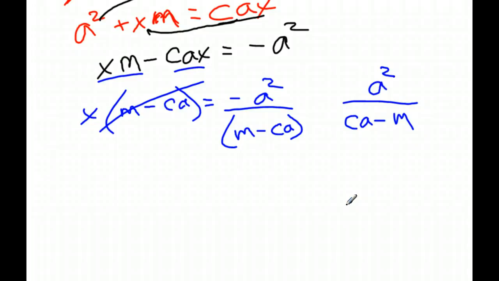So I'm going to make the top negative a squared and the bottom negative. So if you move the x to the other side, you're going to probably get this answer. But yes, they are the same. So it doesn't matter if it's negative or positive. No, this does not matter if it's negative or positive, only if you switch the signs here too, because this was negative, now it's positive, this was positive, now it's negative. So I just took that negative and multiplied it all the way through, and it canceled out.